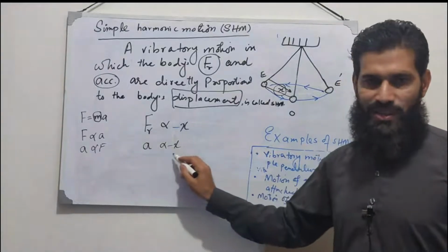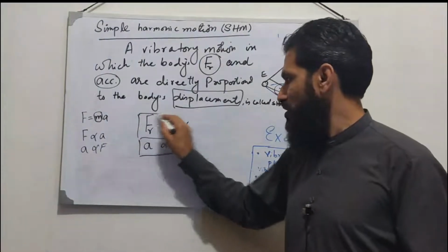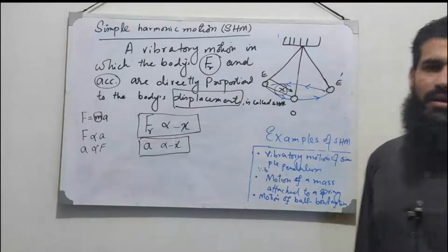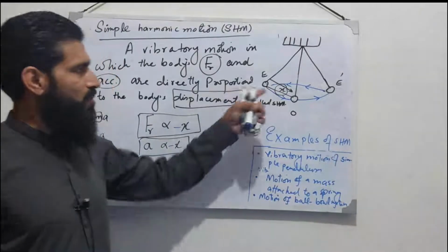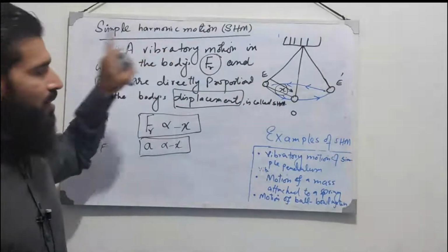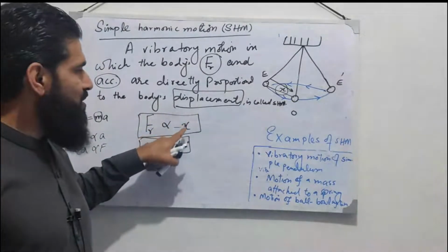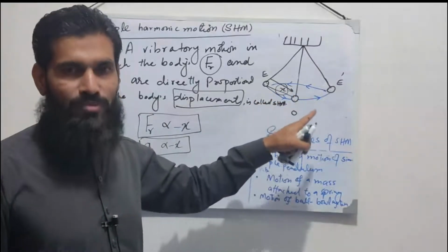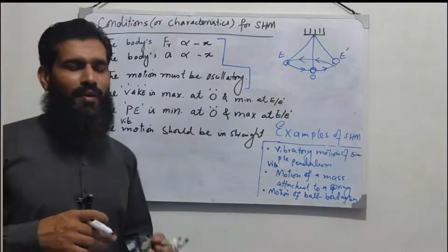The same is the case for acceleration. So these two are the mathematical definitions, or the conditions, for a body to have simple harmonic motion. The motion of a simple pendulum is a vibratory motion that fulfills these two requirements, so its motion is also simple harmonic motion.